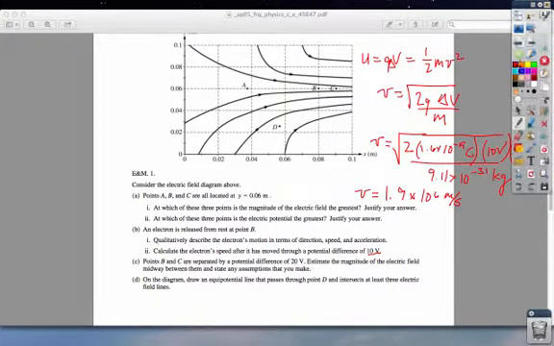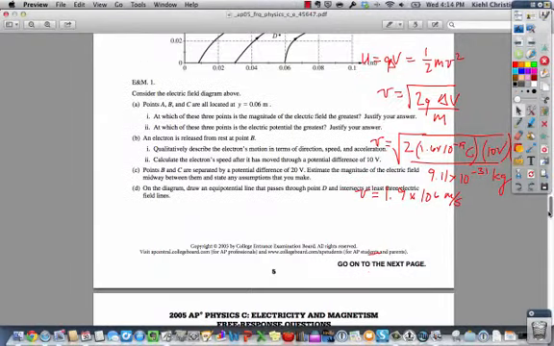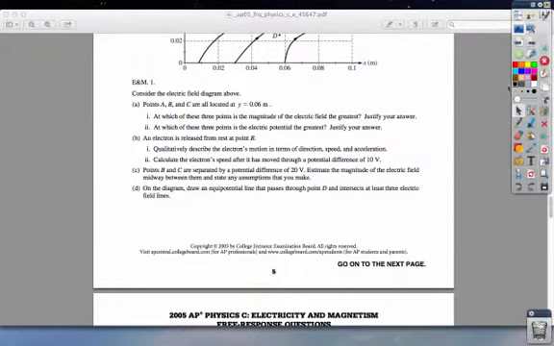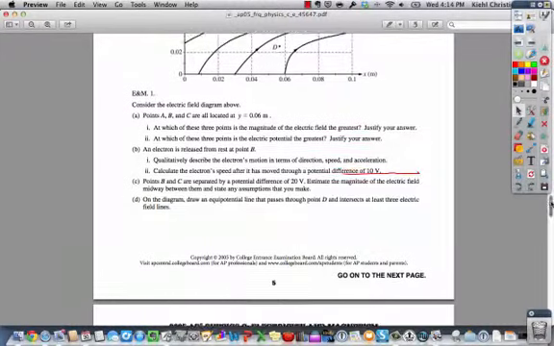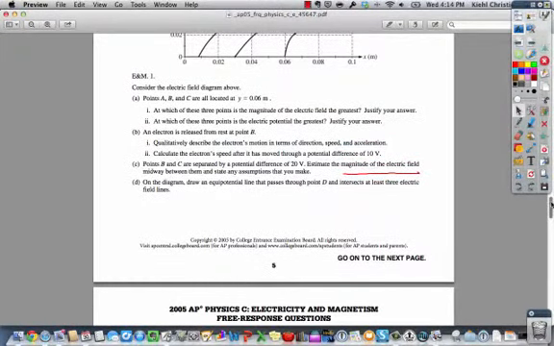I'll leave that up for a second. Okay. So for part C, we're asked to figure out the magnitude of the electric field between B and C, knowing that B and C are separated by a potential difference of 20 volts.